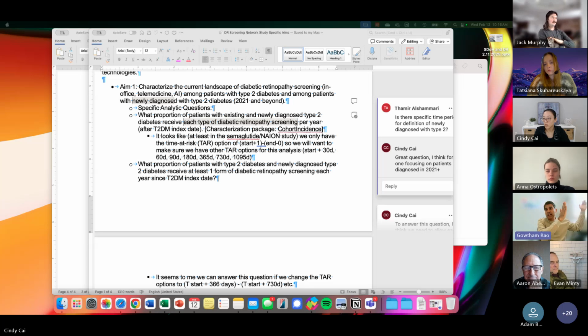And then the time at risk starts, and you look for the next 365 days for the occurrence of the screening. So you will be answering the question among patients who have not been screened in the past 365 days and have been observed in the data for the past 365 days, what is the incidence rate of future screening? You could ask that question.